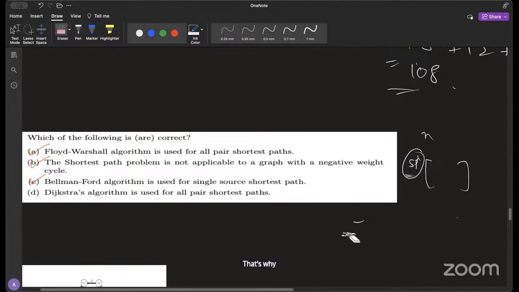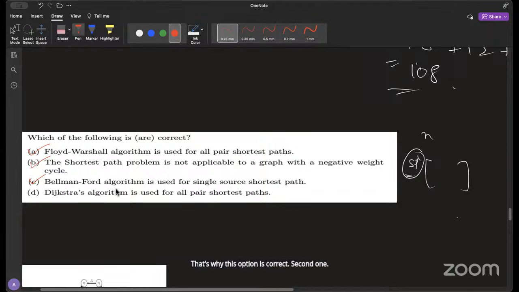That's why we call it a single source shortest path algorithm. Yes, we can't find the shortest path if the graph contains a negative weight cycle. That's why this option is correct.